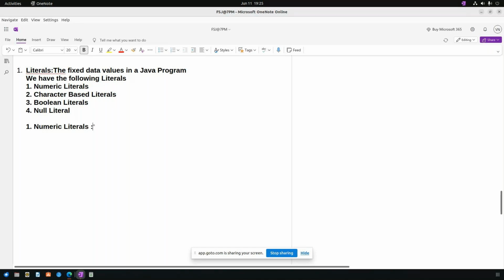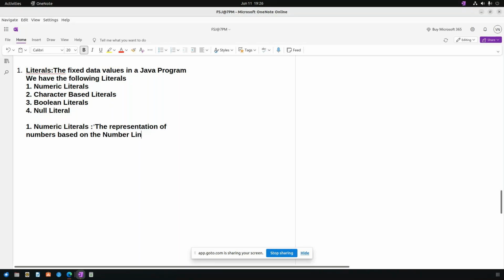Numeric literals. What are numeric literals? The representation of numbers based on the number line.